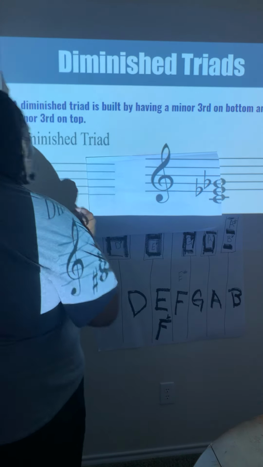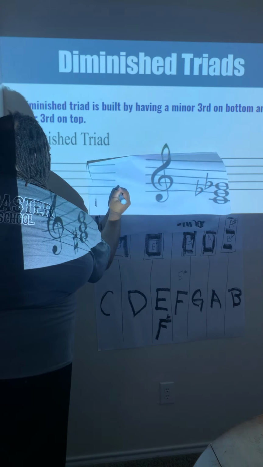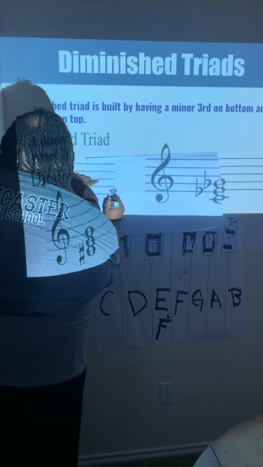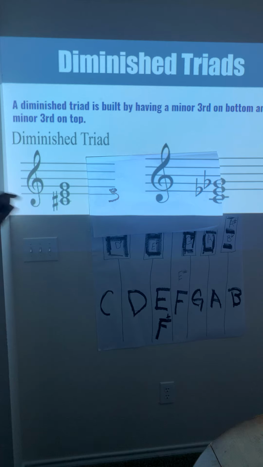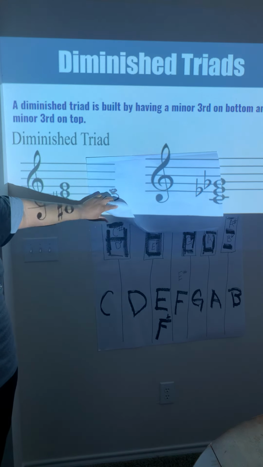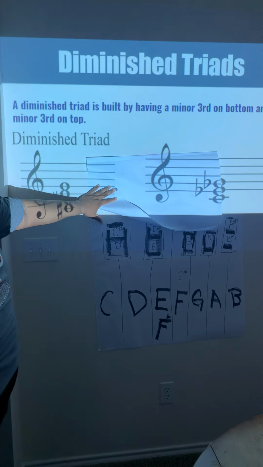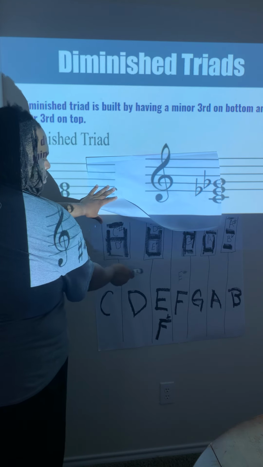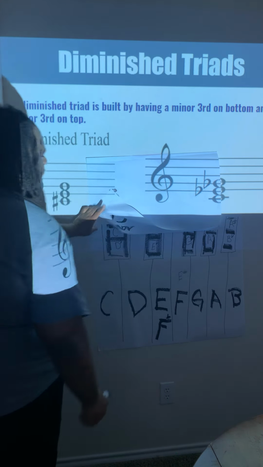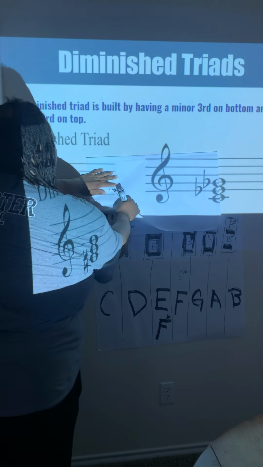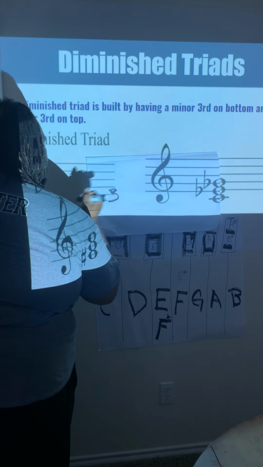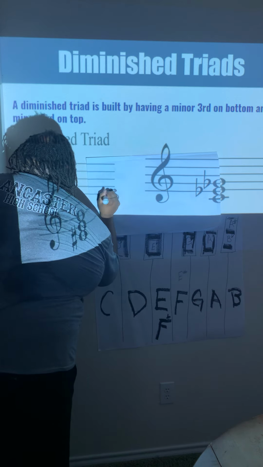So I'm going to put a 3 there. Start on C sharp and count up to E. Well, this is C sharp, and I want to count my half steps. 1, 2, 3. That's a minor third. So, with that being said, I'm going to put a lowercase m.